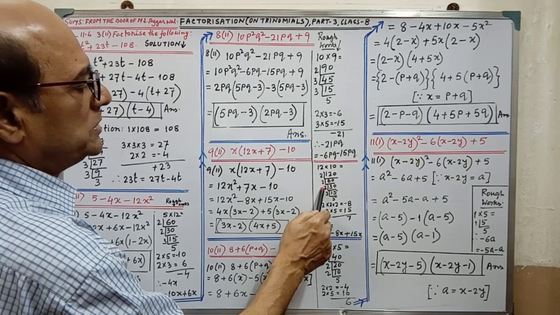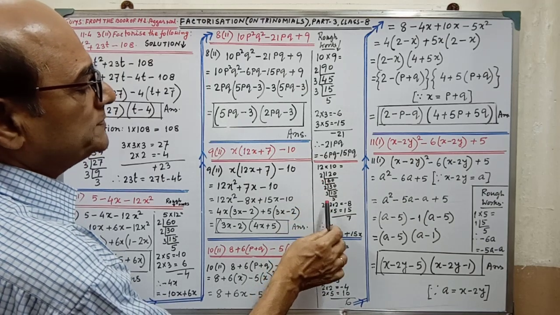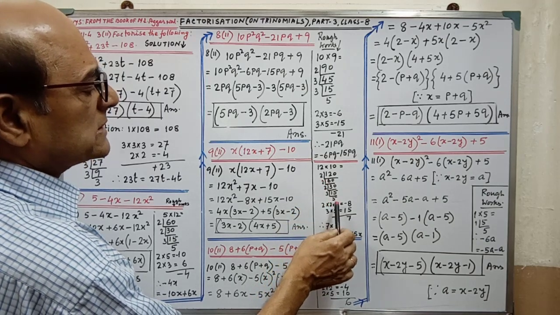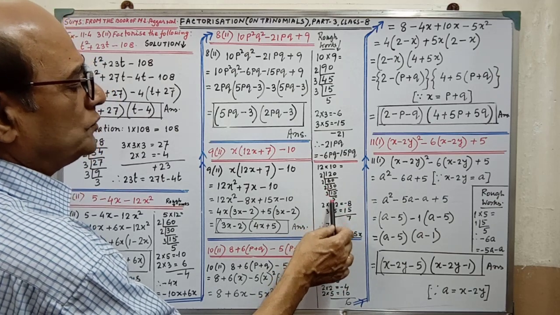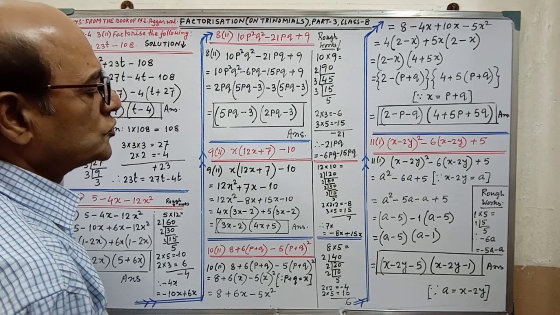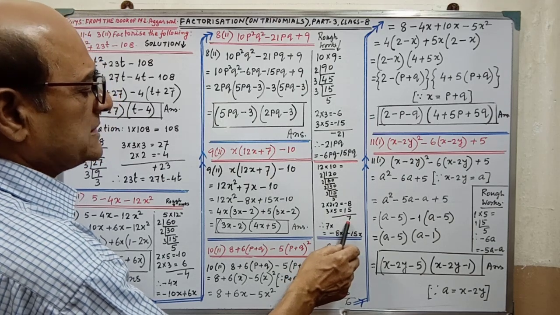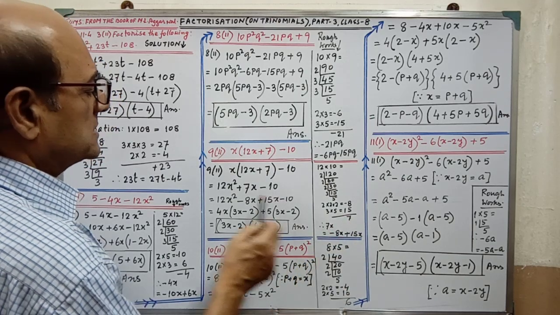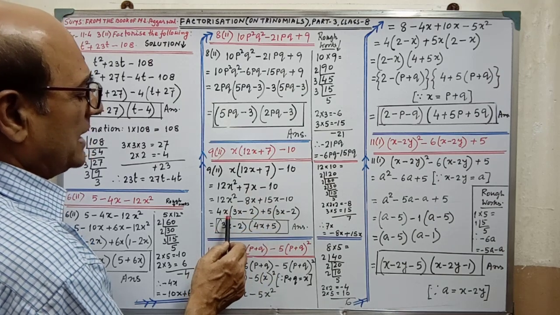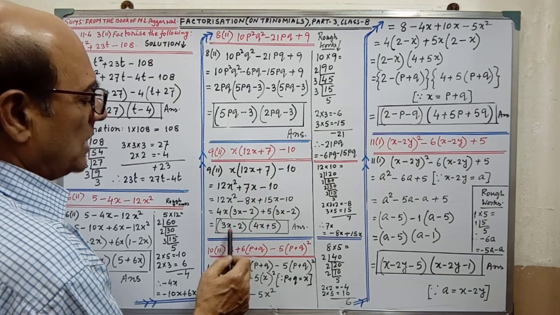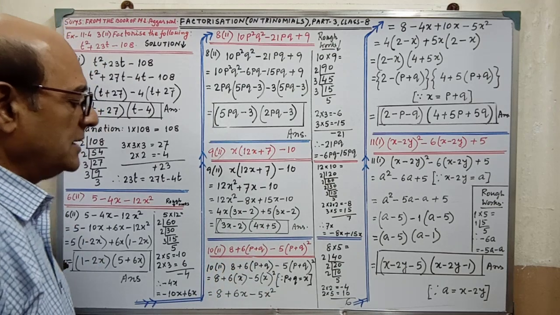Taking these 3 factors, we are getting minus 8, and taking these 2 factors, we are getting 15. So in place of plus 7x, we are writing this. Then, as in the previous sum, after taking common, we are getting the answer.